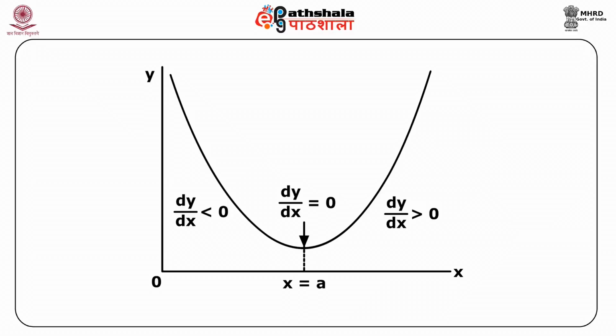Now, as we move further, there is a tendency for the graph to rise and the first derivative is thus greater than 0. This graph represents all points where the second derivative is greater than 0, that is, a positive value. d square y upon dx square can be associated with negative, positive, or 0 value of dy by dx.